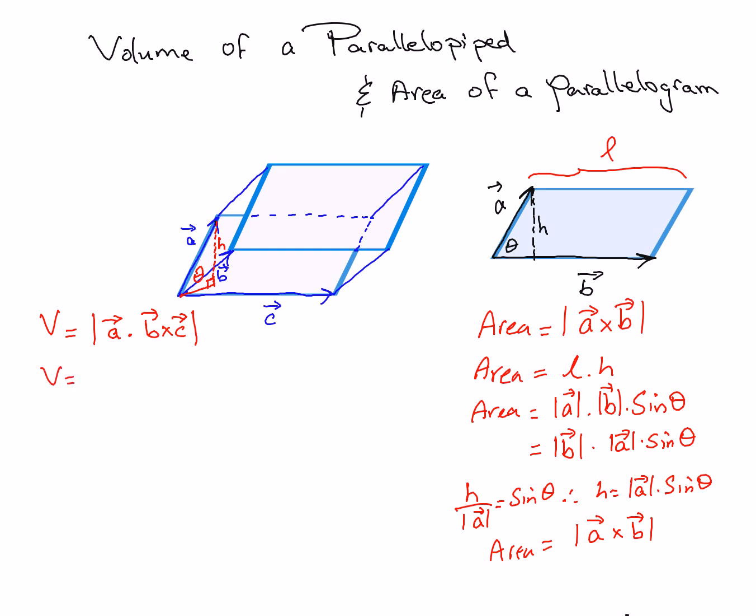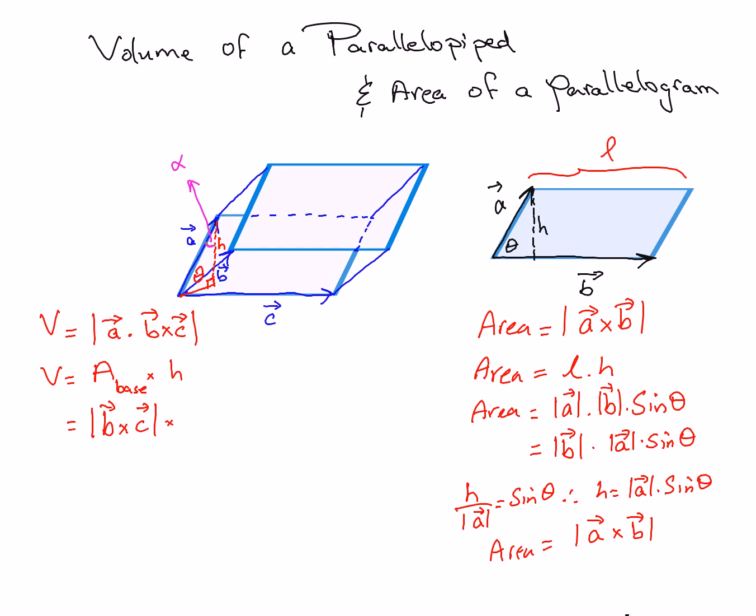So we know that the volume of a regular shaped prism is the area of the base times the height. So here I could see that the area of the base is the magnitude, as shown before, of the vector B cross vector C, and I want to multiply it by the height, which is a magnitude, and I've shown it before as well, that it is the A cosine theta in this case.